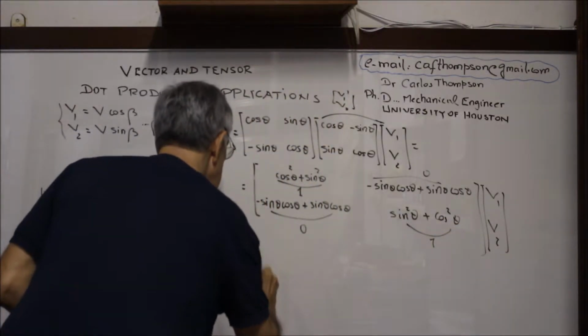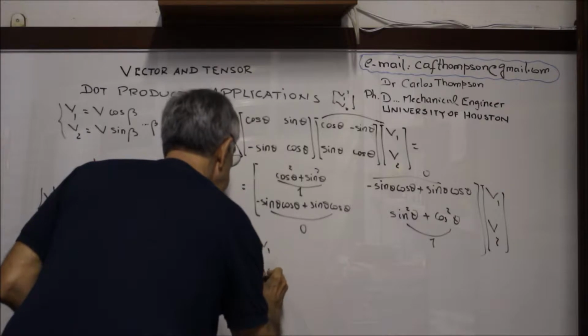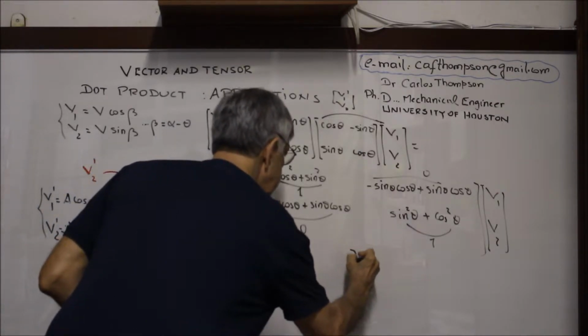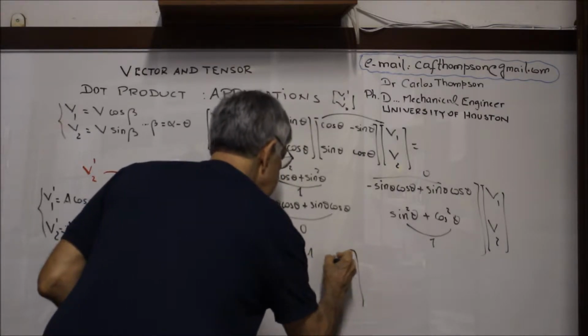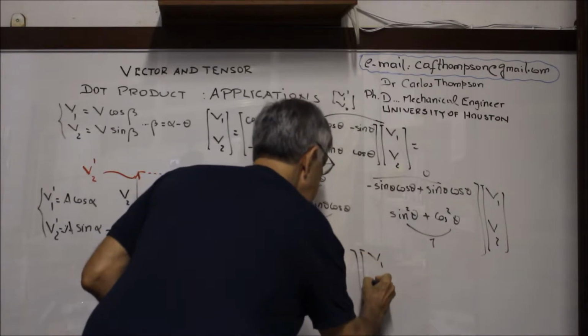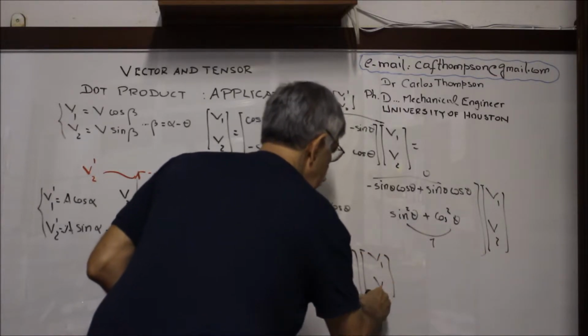So V1, V2 is equal the identity matrix. This is 1, 0, 0, 1, V1 and V2.